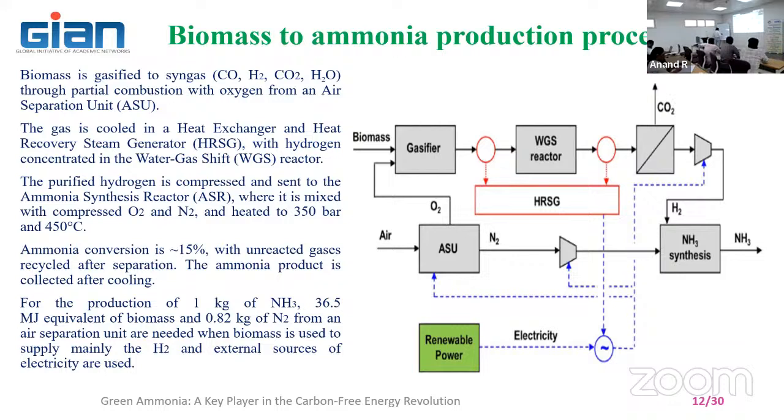Now, what is the difference between combustion and gasification? What is the fundamental difference between gasification and combustion? In combustion, we are burning a hydrocarbon with oxygen and 3.76 moles of nitrogen, producing CO2 and water.